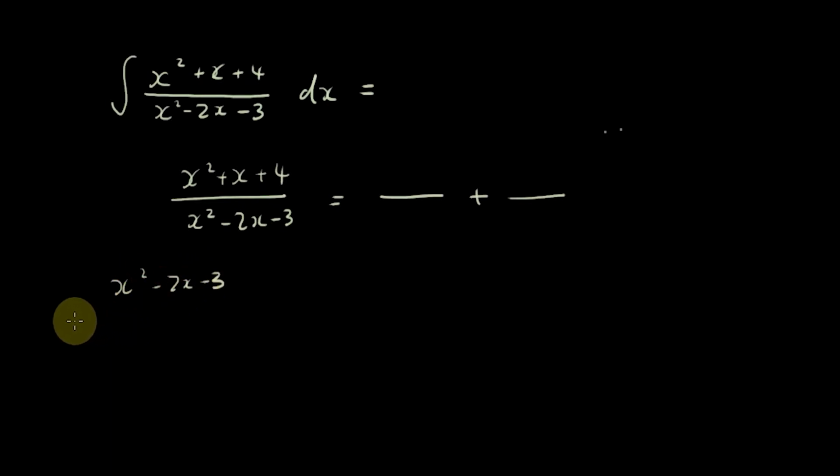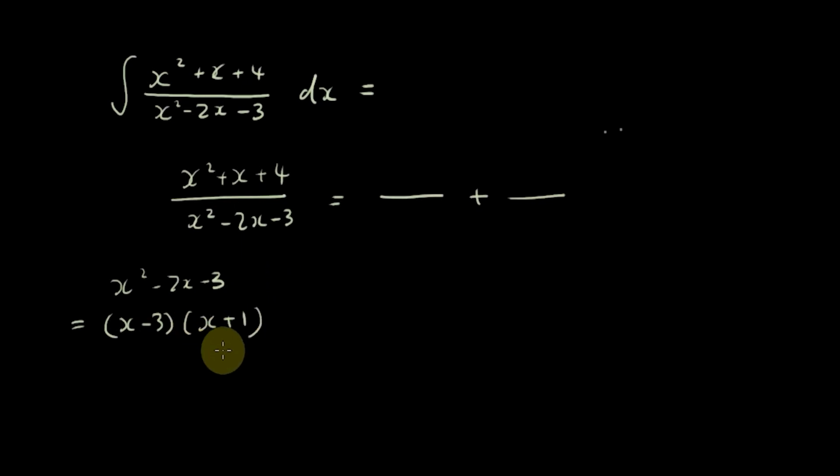If you guys remember how to factorize, I can then put it as x minus 3, x plus 1. Okay, if you try and expand that, you should get this quadratic.